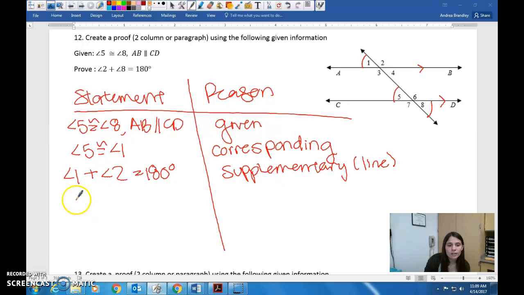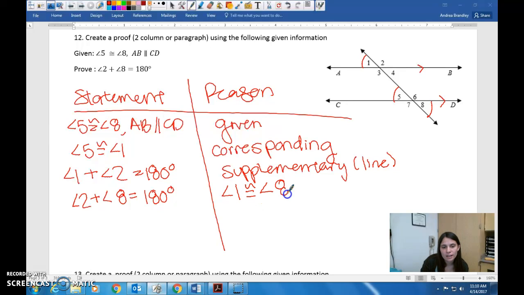So I know I can go right from here and say angle 2 plus angle 8 is equal to 180 degrees because angle 1 is congruent to angle 8. And so that kind of leads me through the process of proving that this is true. So I go step by step, say the statement, give the reason.